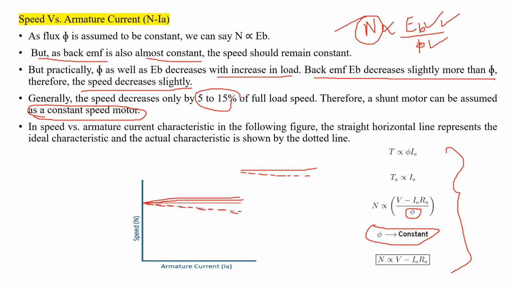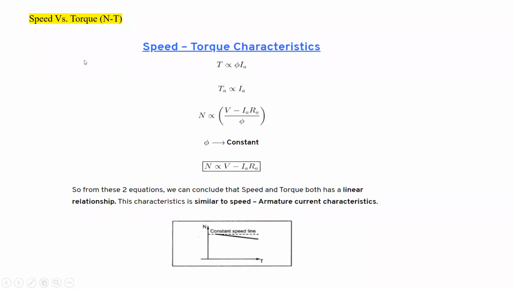Speed versus armature current, and speed versus torque: armature current and torque are proportional, so speed versus torque is also the same graph. Here also the speed remains constant even though the torque increases.